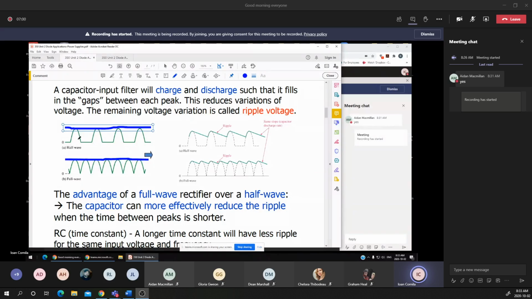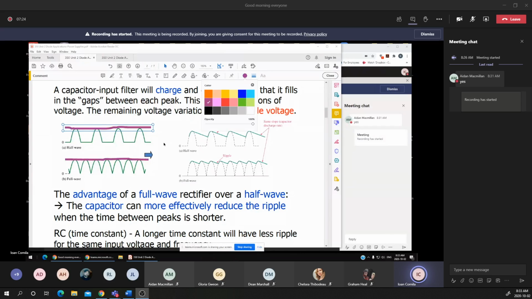Now the question is, you notice that the first big step we made was to convert the AC voltage into a DC voltage. The second step is actually to fill up the gap. I'll try to see if I can change the color to a different color.